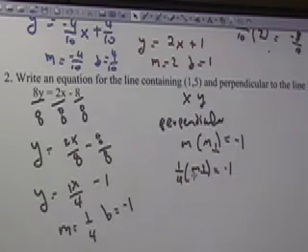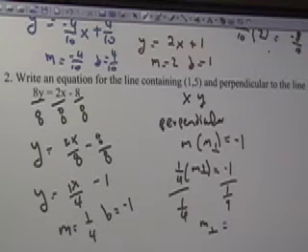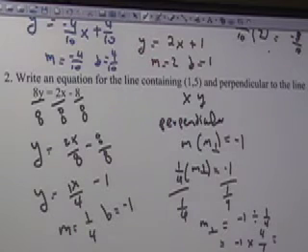Real simple. We divide by 1/4 on both sides. If we divide by 1/4 on both sides, we're going to get our m perpendicular equal to -1 divided by 1/4. Everybody remembers with fractions that's -1 times 4 over 1, because that's the way it goes with fractions when you divide them.